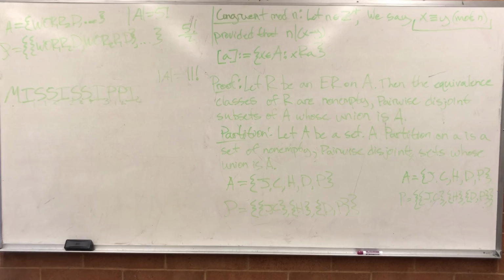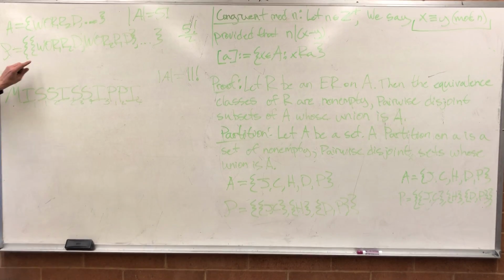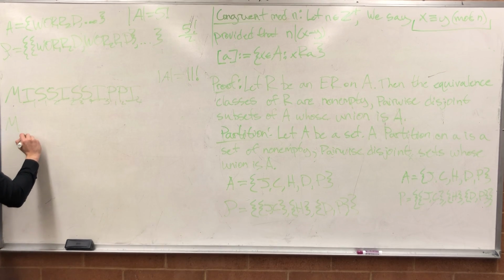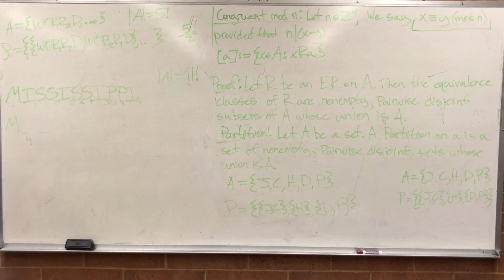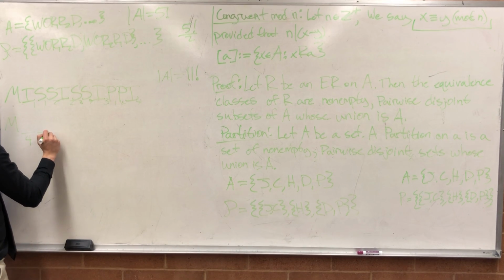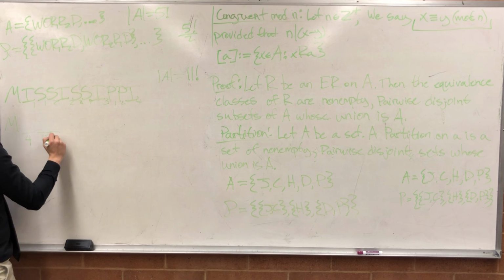Now, if we split this into equivalence classes, where different arrangements really give us the same word, how big is one of the equivalence classes going to be? How many ways can I get this exact same word? Let's just write it out. How many options do I have for my first I? 4. How many options for my first S? 4. How many options for my second I? 3.